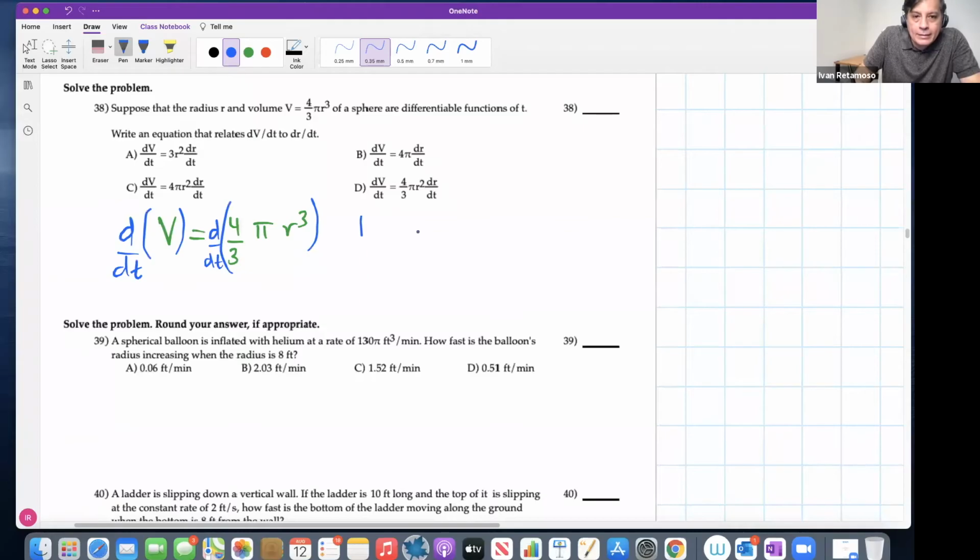So you will get dV/dt on the left. On the right, the derivative of this guy will be the constant 4 pi over 3 times the derivative of this, which is 3r squared dr/dt, because we're taking the derivative with respect to t. 3 cancels with 3, and there you get your formula, right?